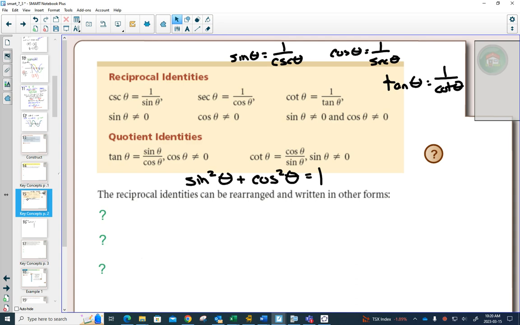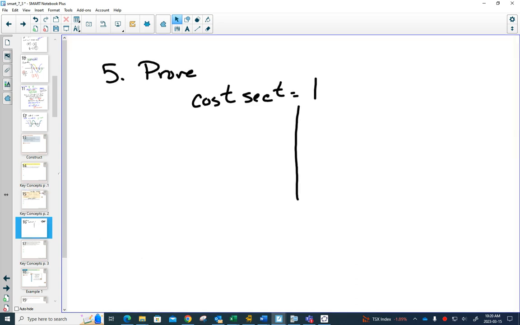What does that look like? Well, I look at this equation, I have a cos and I have a secant, and I have a 1. I could choose something to change. Generally, you're going to find that since you're more familiar with cos, if you have a secant, you'll change the secant to something.